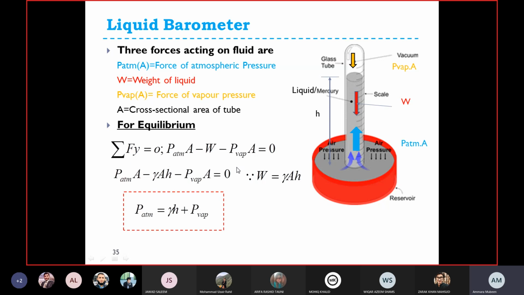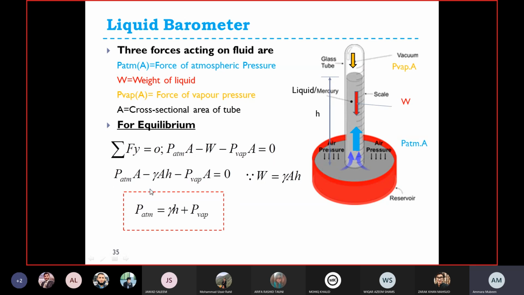Putting all the forces which are acting along one axis, which we call the vertical y-axis: P atmospheric, which is atmospheric pressure multiplied by area of cross section of this tube, minus W, the weight downward, minus P vapor, which is vapor pressure multiplied by area of cross section of the tube, is equal to 0.